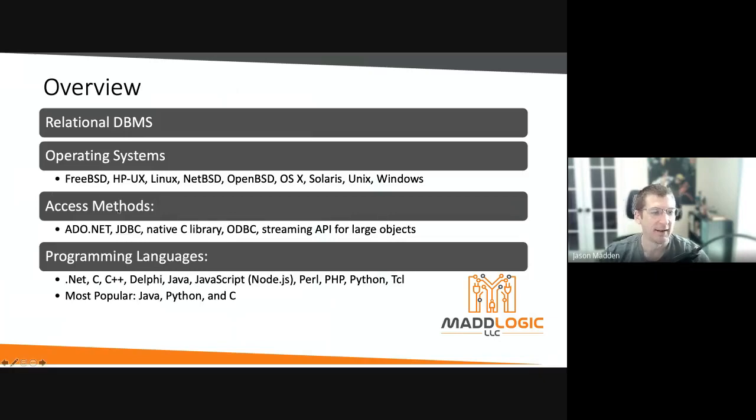Access methods. This is talking about what code frameworks you can use to access the database. ADO.NET is specific to .NET and C#. You can load the DLL, and it preloads a lot of the management of your connections and mapping of your objects.